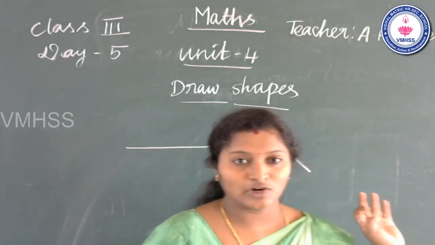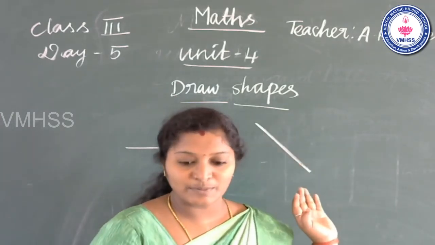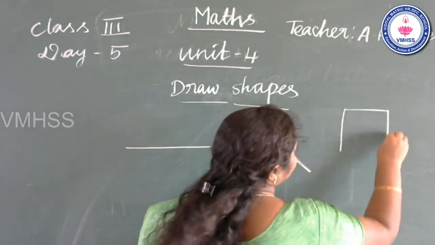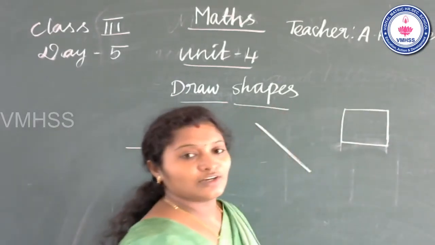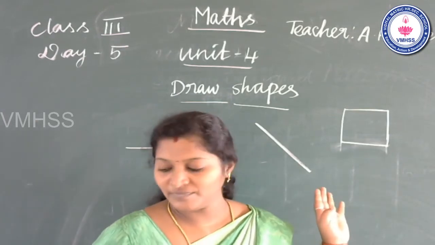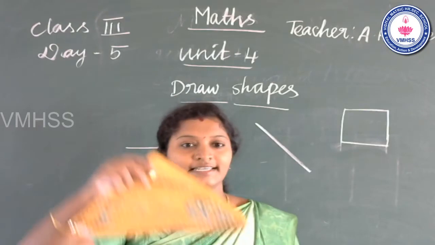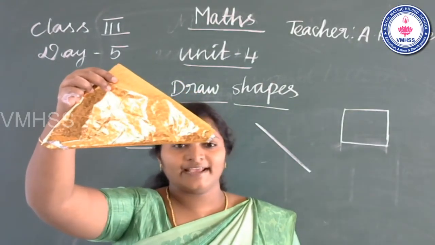So what is the topic? Draw shapes. You know the shapes, ma? So what is the shape? This is square. Okay students, see there. So what is the shape? This is triangle.